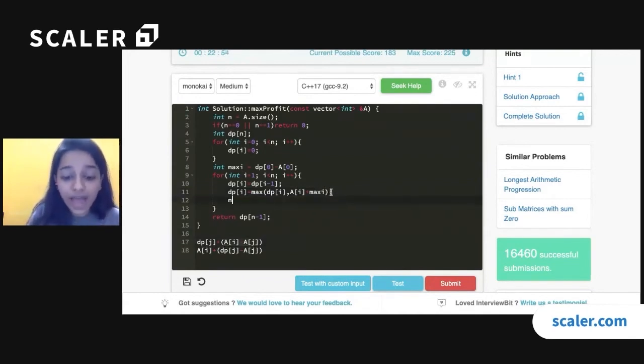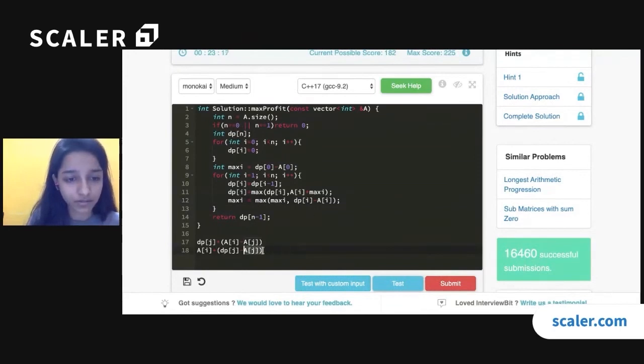And also we have to update our maxi variable, maxi equal to max of maxi comma dp of i minus a of i. And here we go. So here we have actually eliminated the jth loop. Does that make sense to everyone?